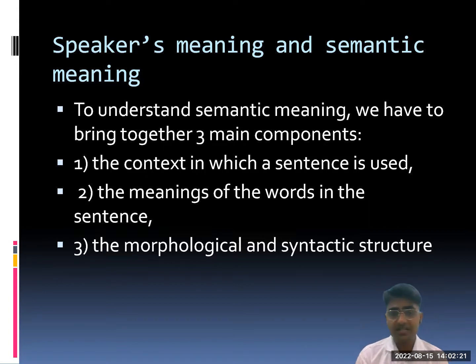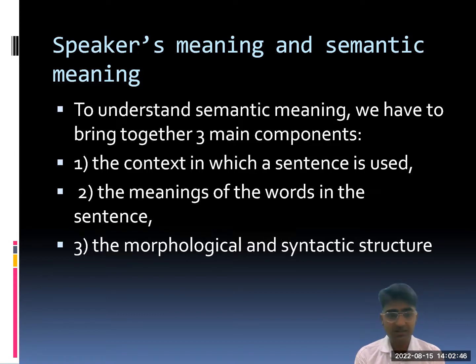To understand semantic meaning, we have to bring together three main components. One, the context in which a sentence is used. Second, the meanings of the words in the sentence. Third, the morphological and syntactic structure. So these are three key points.